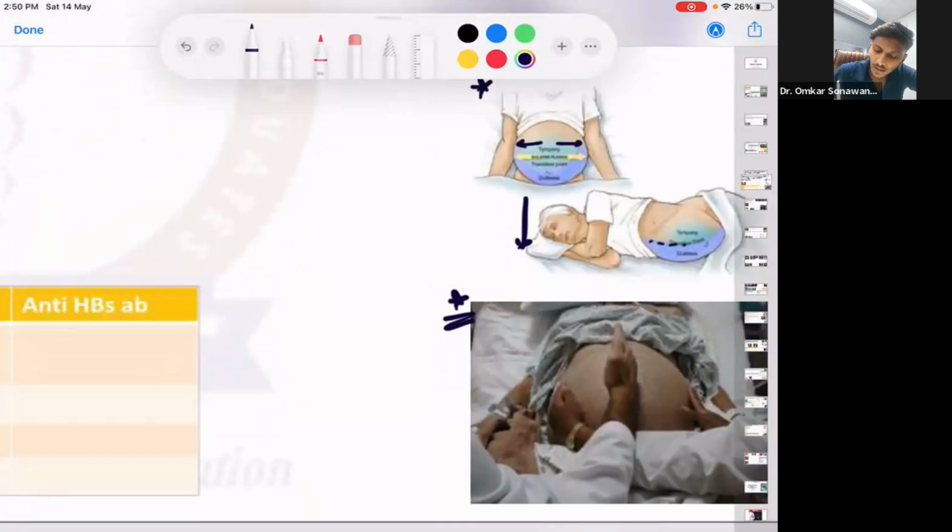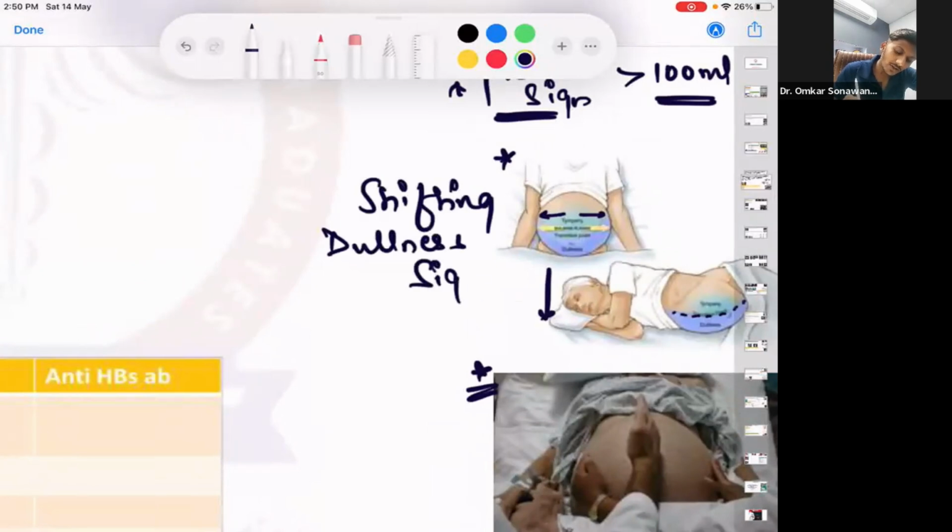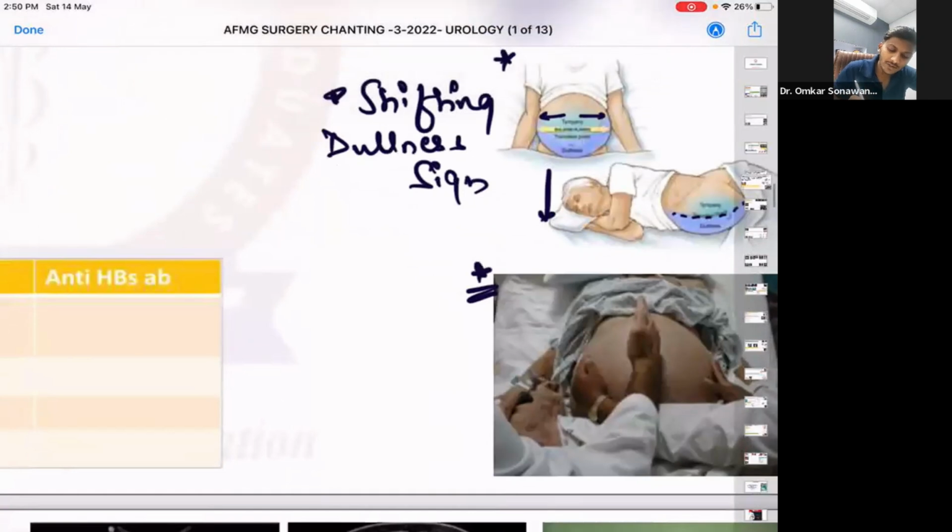This time the fluid would be towards one side, and therefore the dullness would be shifted. So the first image is called the shifting dullness sign, and it is positive when the volume of ascitic fluid is a minimum of more than 500 ml.